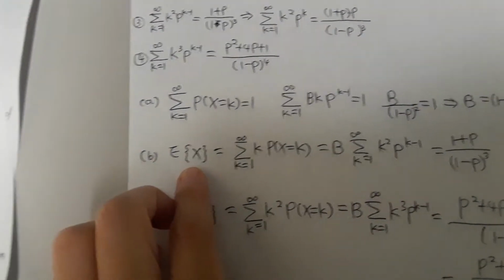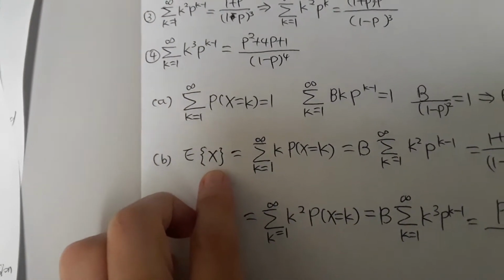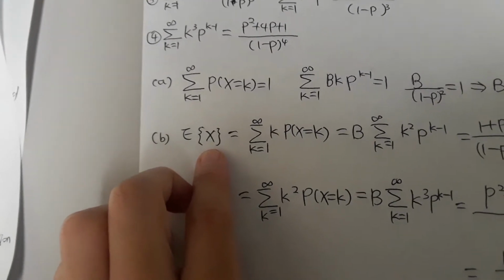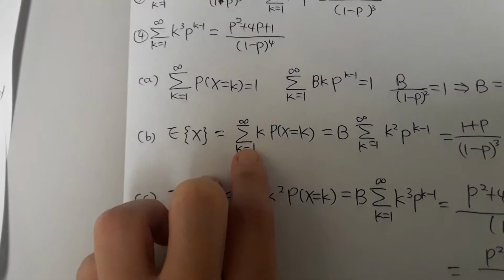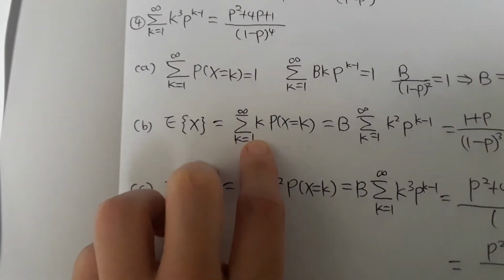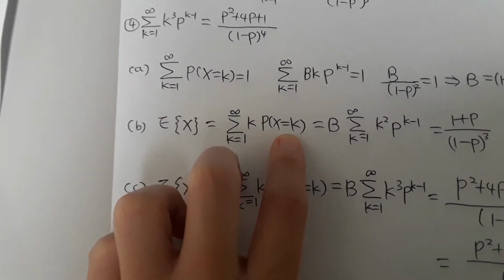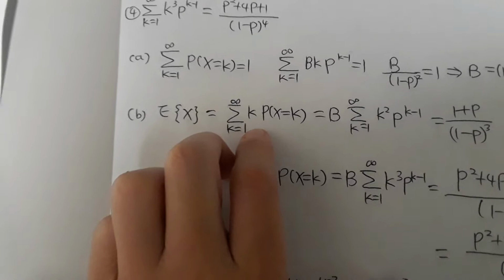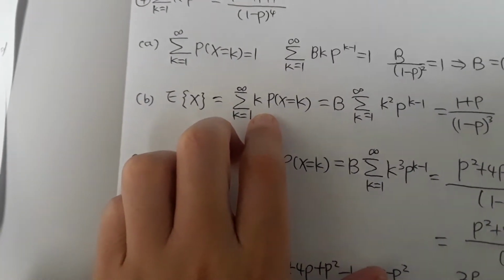For the second part, I need to figure out the expectation of x. According to the formula, the expectation of x equals the sum of k times the probability of x equals k from k equals 1 to infinity.